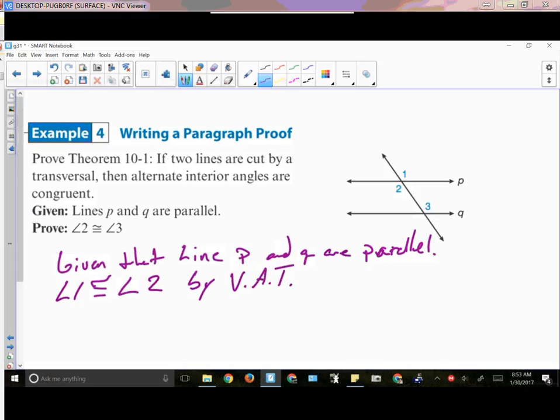Okay? Is there anything else that I could say? 1 and 3. Okay, so what allows me to say, and angle 1 is congruent to angle 3 by what? There we go. We're in the same spot, so corresponding angles.